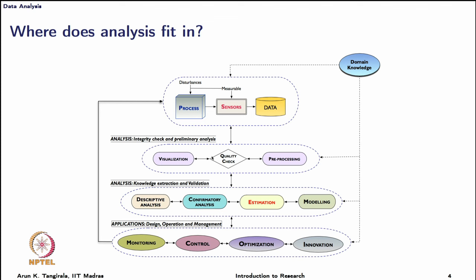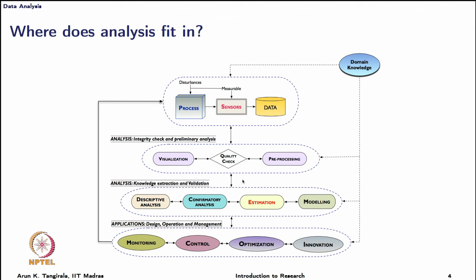The two stages that you see titled analysis here, it is essentially the representation of what goes on in data analysis. So, for example, visualization is a part of analysis. When you plot something and try to observe something from the data, that is also a part of the data analysis. It is a very important part. Or you may carry out parameter estimation, as I just discussed, or you may build models and so on.